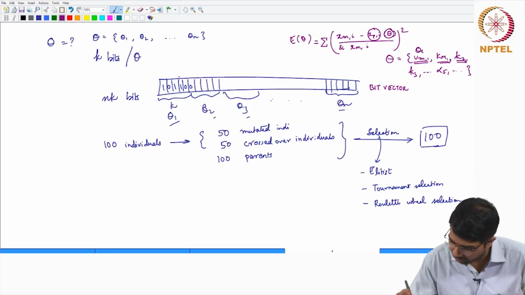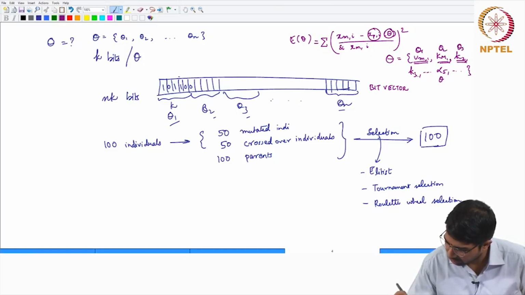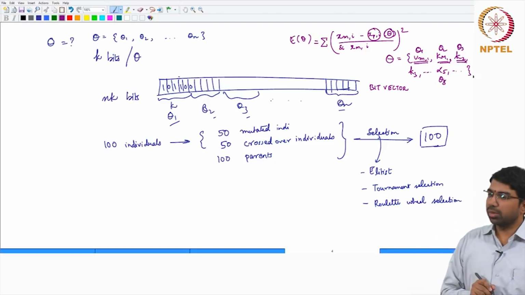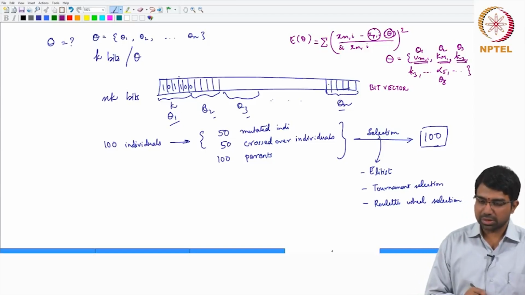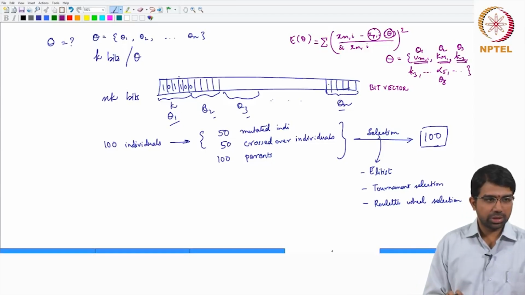So, this is basically theta 1, this is theta 2, this is theta 3, this could be theta some 8 and so on, right. How many ever parameters are there in the system, let us say you have n parameters in the system and you just put them all next to each other.